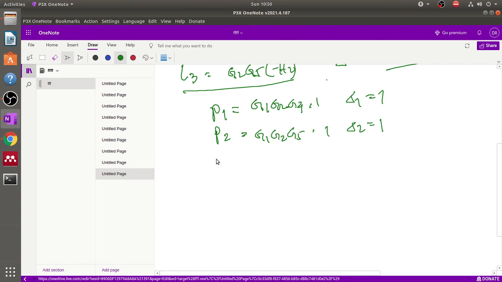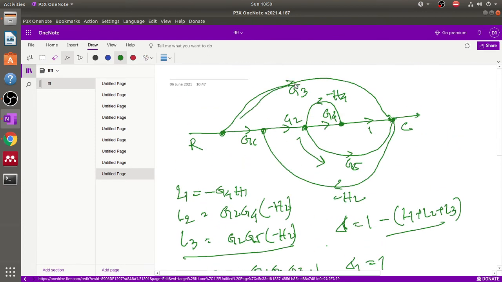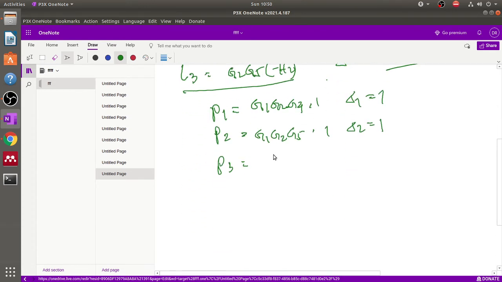Now we study about P3. For path 3 there is only one gain, that is G3. Okay, now coming to the point, what is the value of delta 3?